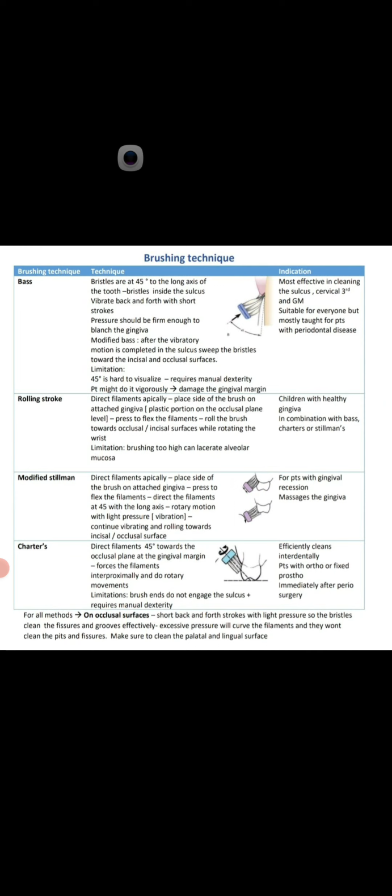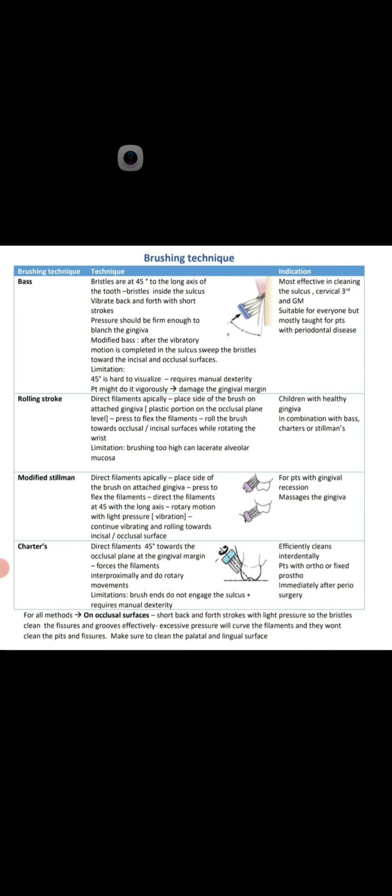Here, the Charter method is the opposite of the modified Stillman method. In the modified Stillman method, we place the bristles apically and the plastic part, the head of the brush, occlusally, but in Charter it is the opposite.